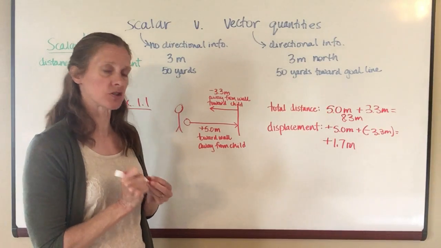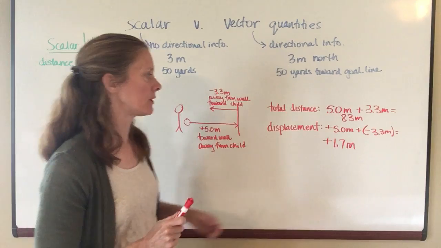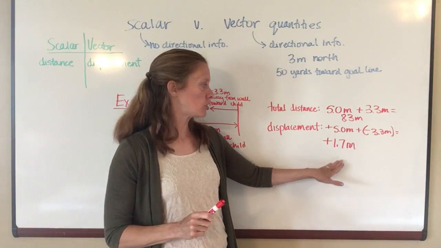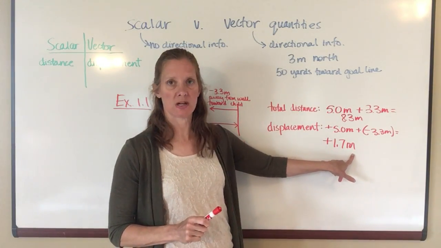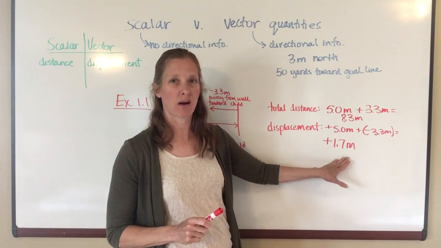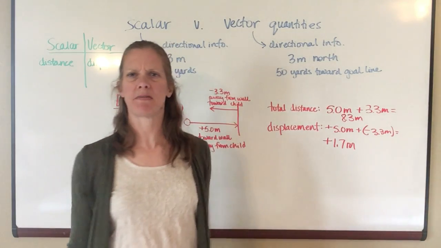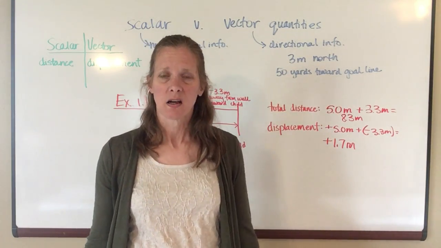One other thing that I just want to point out right now that I am a big stickler about is when you answer a question, you need to make sure that you put units after any number that you write. If you don't put units on it, that number is meaningless. So if you just say the answer is 1.7, I'm going to say 1.7 what?